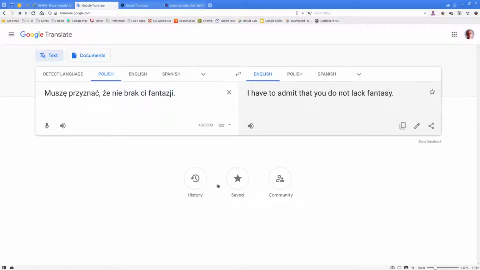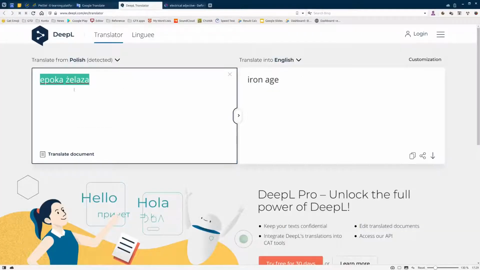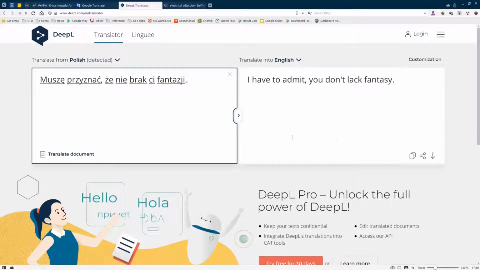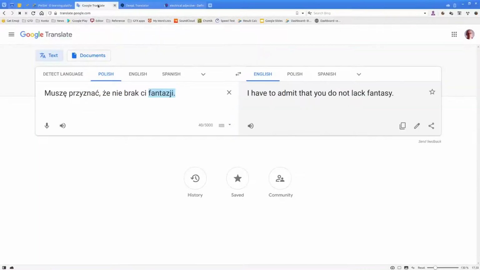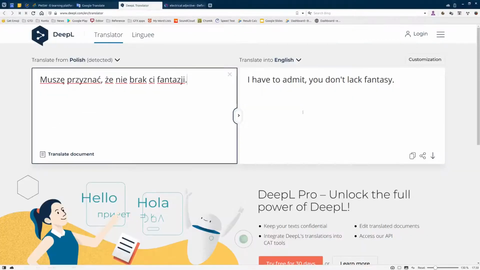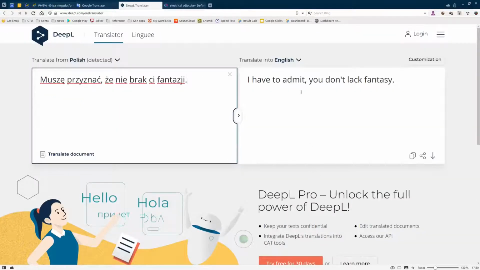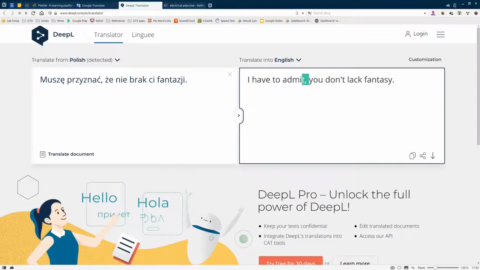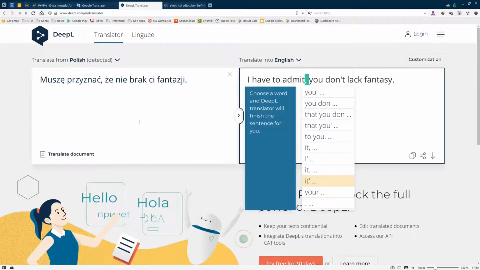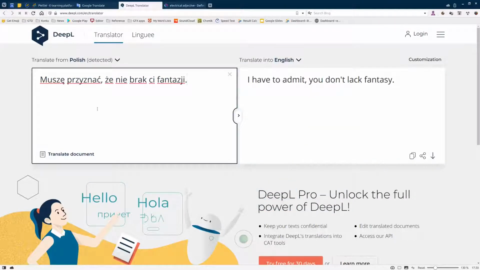And so Google just translates this word literally, because this is the most common translation of the word. And DeepL has the same problem. So the translation is basically the same, except that we have this comma, which shouldn't really be here.